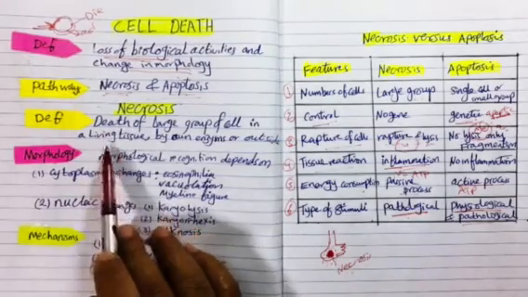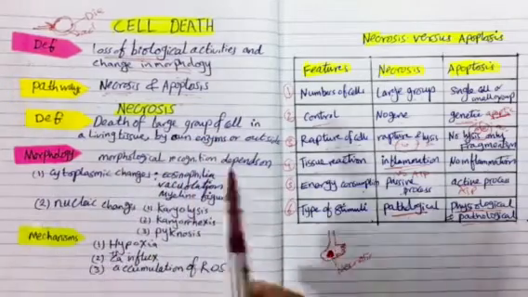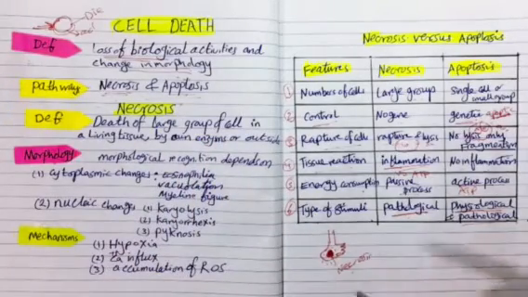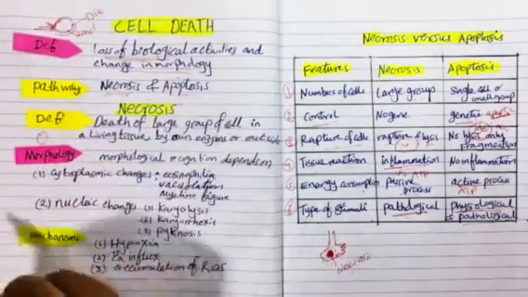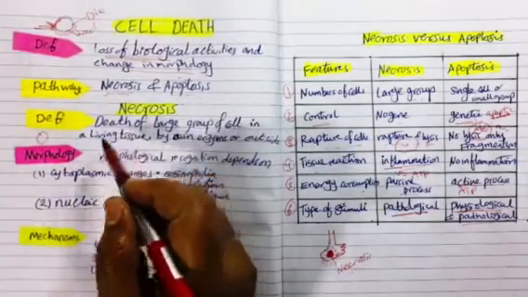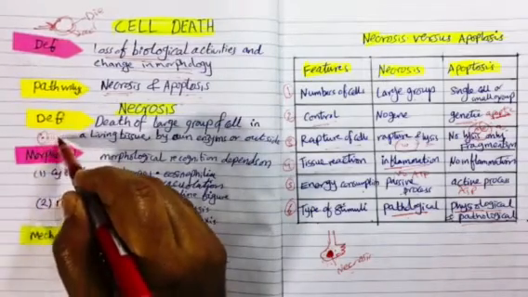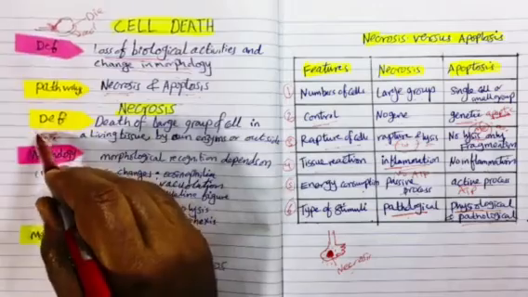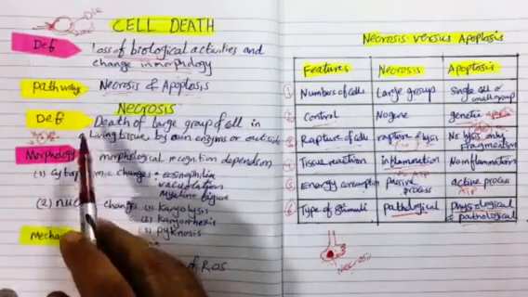It is a large group of cells in a living tissue, dying by their own enzymes or by enzymes from outside. That is to say, this cell is completely lysed. This is due to enzymatic activity from within the cell or from outside of the cell, that is to say, autolysis or heterolysis.